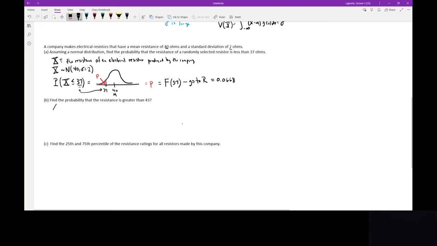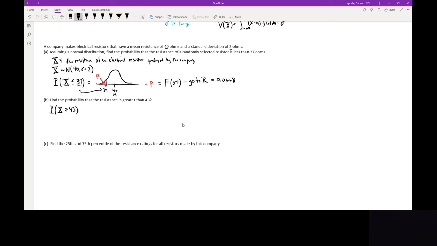Do the same thing here. We're just going to use the random variable definition above, and the fact that it's the same distribution, and write a new probability statement: the probability that X is greater than or equal to 43.